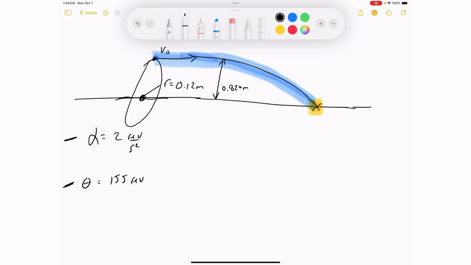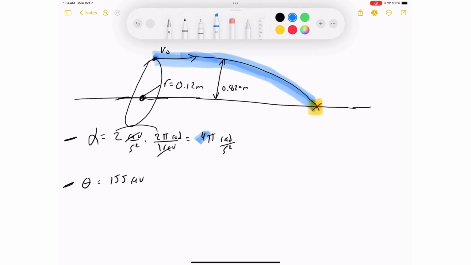Since 1 revolution is equal to 2 pi radians, we cancel the revolutions, and 2 times 2 is 4. The pi is still there, and it's 4 pi radians per second squared.